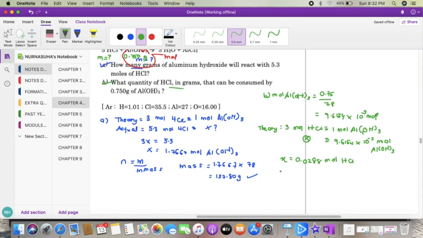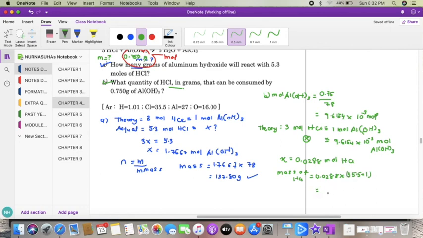Kita dah dapat mol of HCl. So sekarang mass of HCl sama dengan mol times molar mass lah. 0.0288 times with 35.5 times 1. So this is the molar mass for HCl.